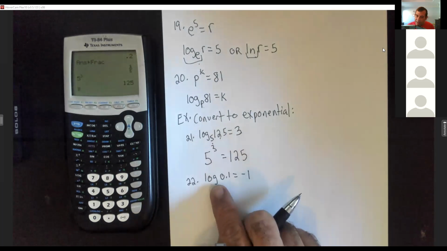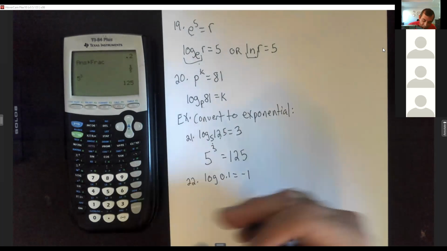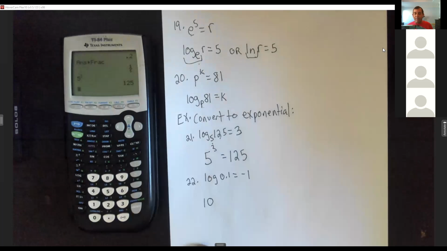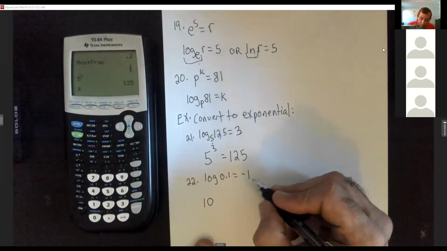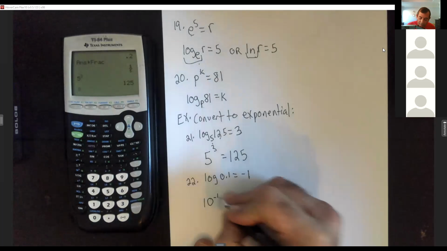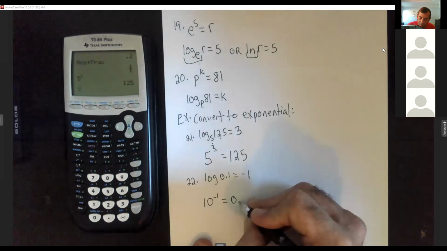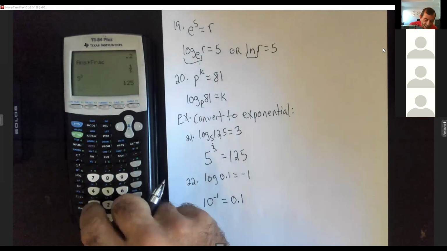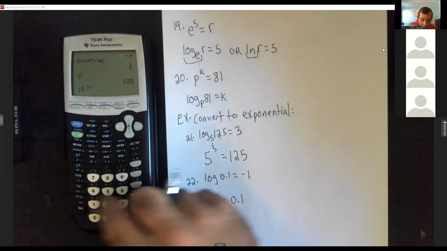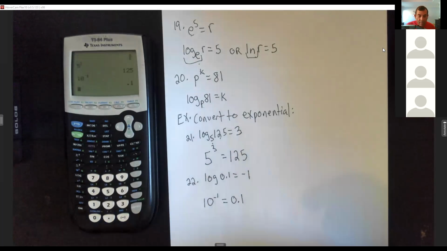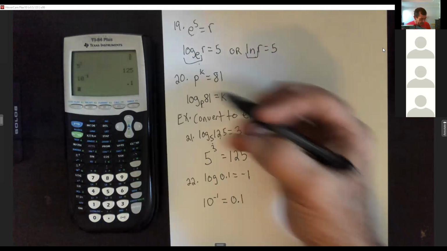There's no base, so automatically that base is a 10. Your exponent is a -1, and your result is a 0.1. And I'm pretty sure if you did 10 exponent -1, it's going to give you 0.1, which is our answer.